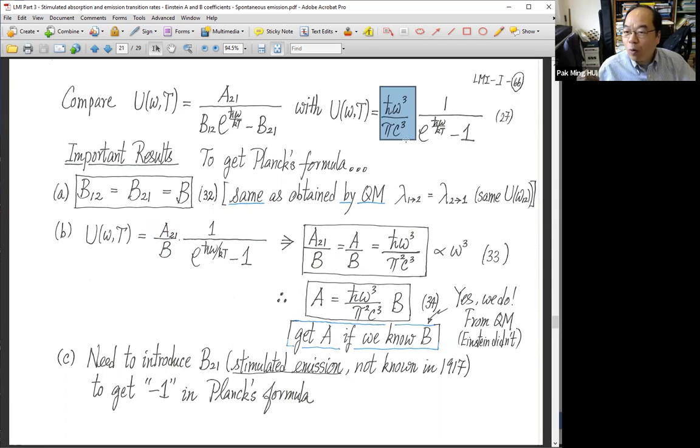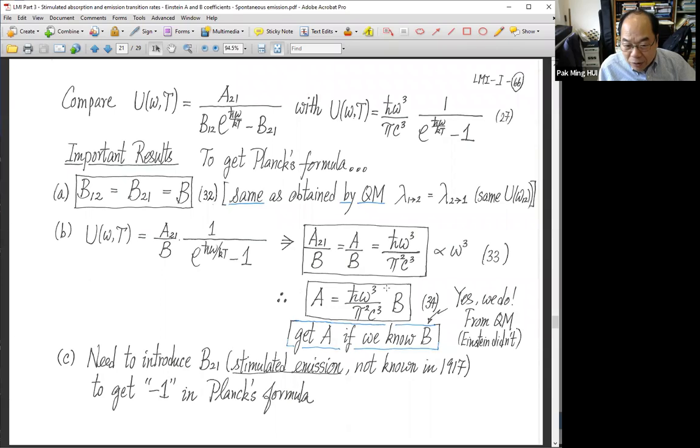Therefore, we got what we want to get. We found that A over B must be this prefactor in Planck's formula. Therefore, we obtained a relationship between A and B coefficient.